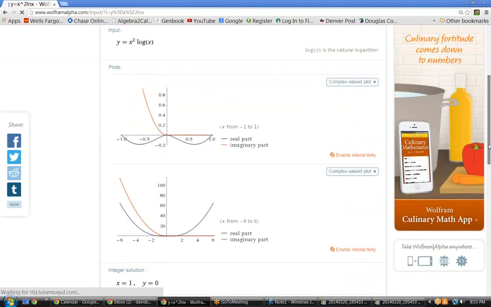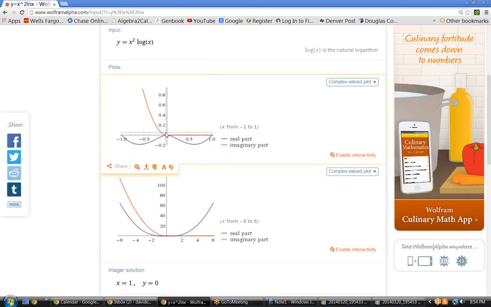It's the blue part. The orange is the imaginary part. And what do they want? We're looking for a minimum? Yeah, the relative minimum. Or the minimum.